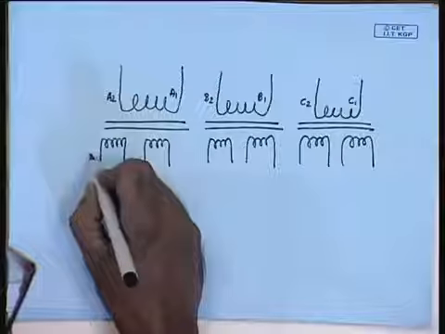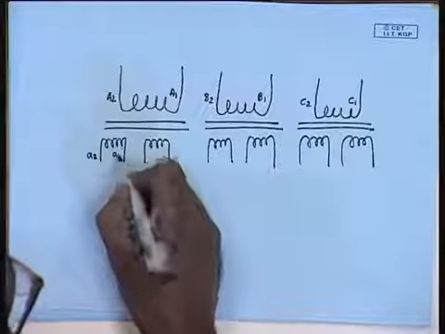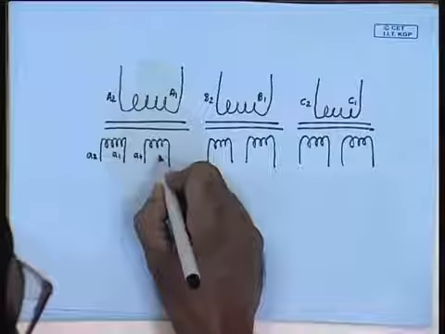This is small a2, a1, this is called a4, a3.